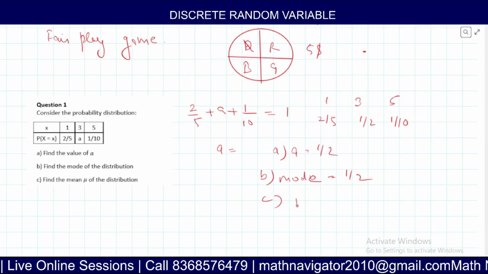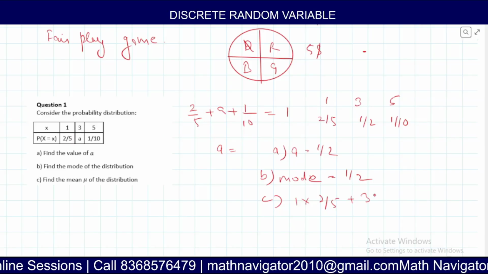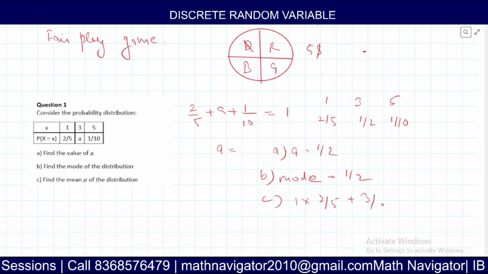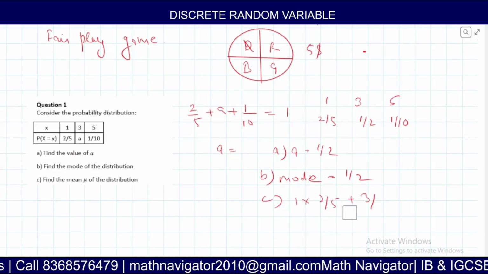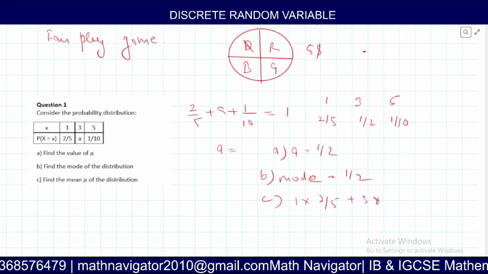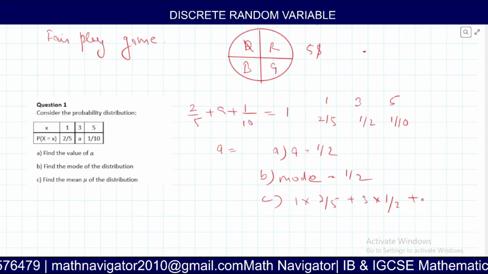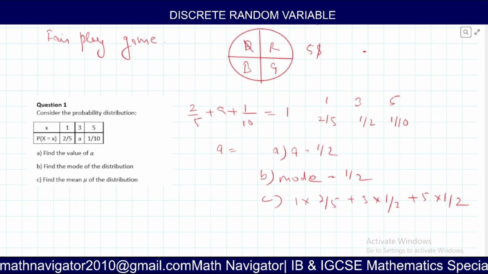Mean is 1 times 2 by 5 plus 3 times half plus 5 times 1 by 10. Got it?